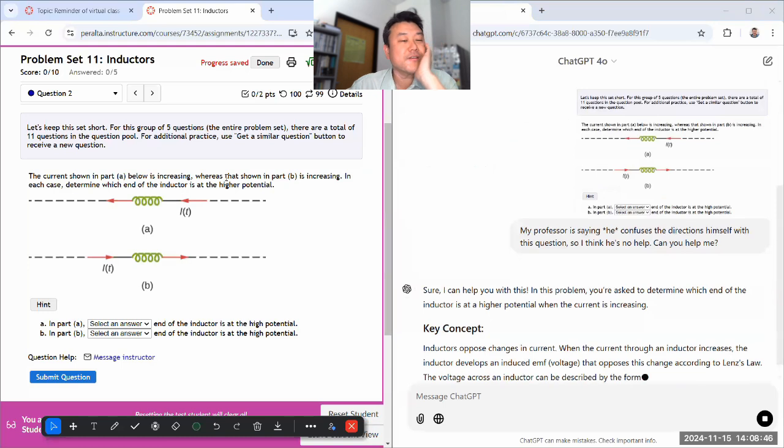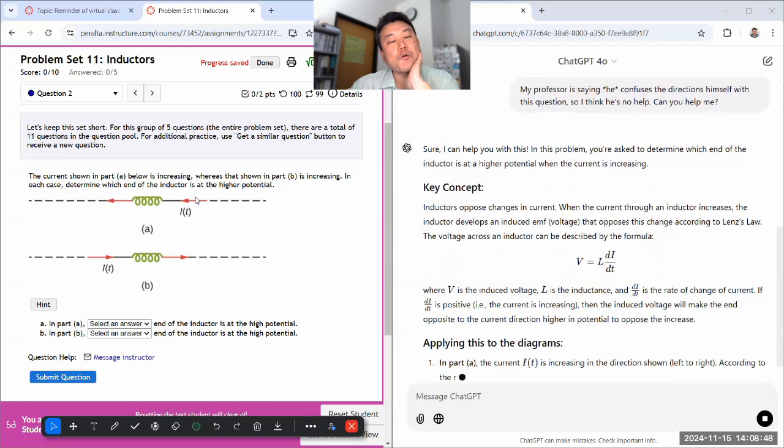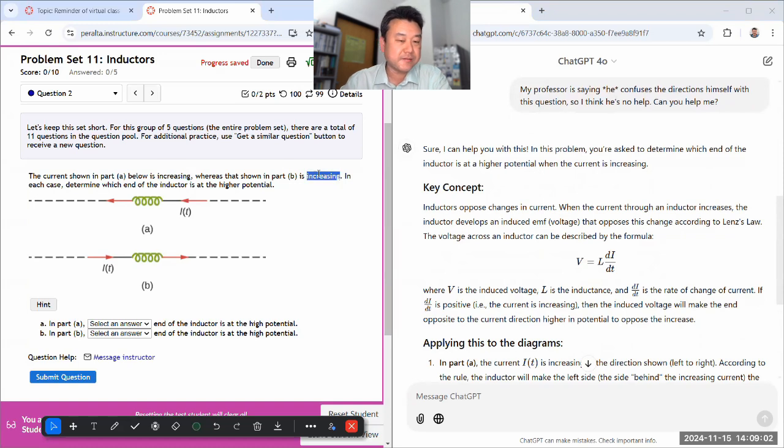So the way I like to think about inductors is that inductors oppose change in current. So in A, it is increasing, and this is also increasing. All right, this is randomized, by the way. I think there are 4 possible versions of this question.